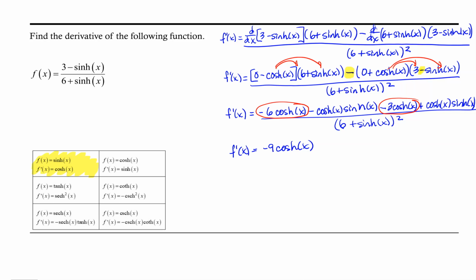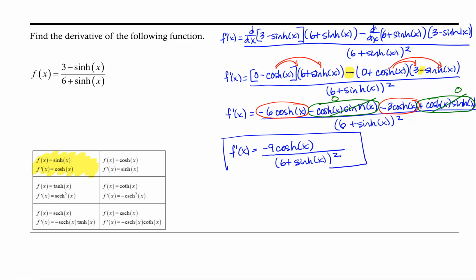And then I can see that I have minus cosh of x sinh of x and a plus cosh of x sinh of x, and those will sum to 0. So I'd have negative 9 cosh of x plus 0, and I'm not going to write the plus 0. This would be all over 6 plus sinh of x, quantity squared. And there's our derivative. I hope you find this helpful.